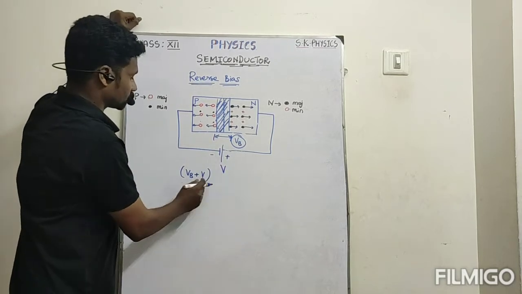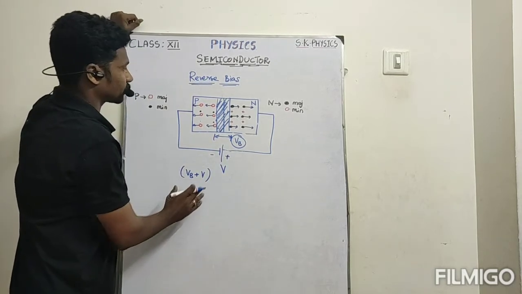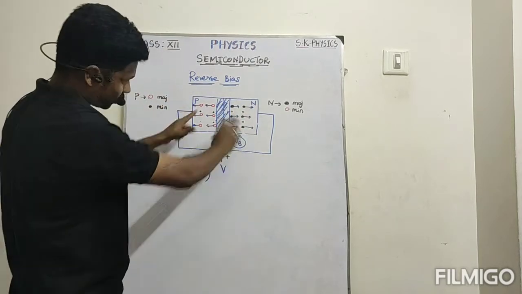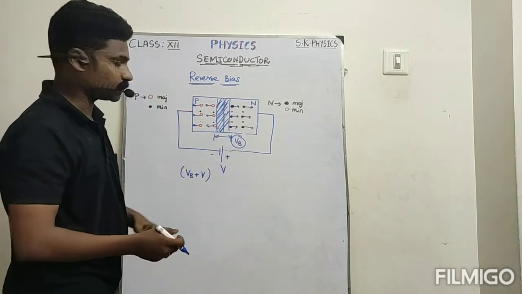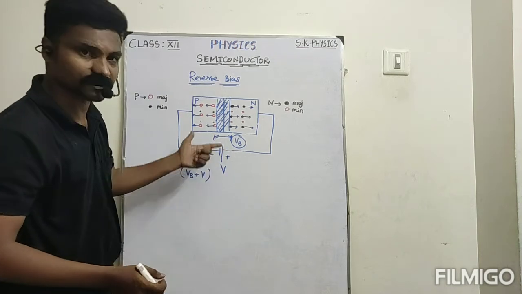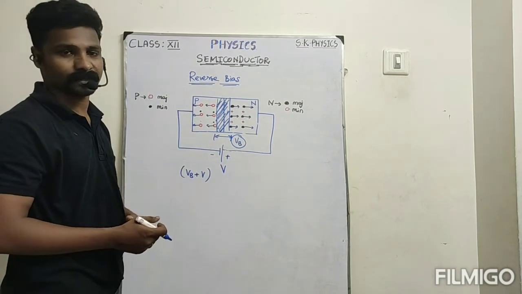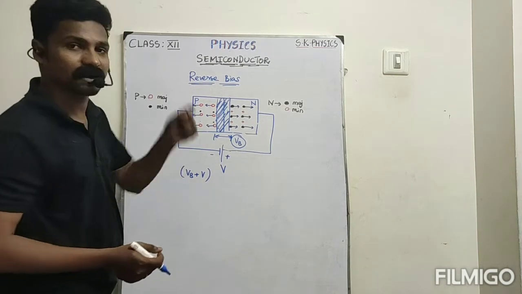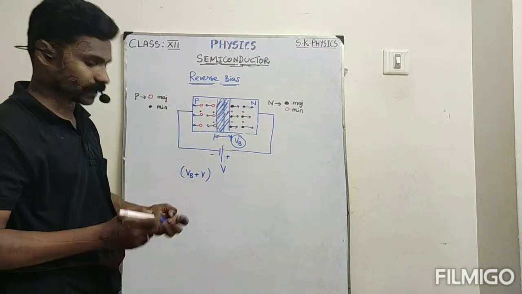Okay, next point, listen. All the majority carriers move towards the battery, so majority charge carriers are not responsible for the current in the circuit. So who is responsible? You should focus on the minority charge carriers.